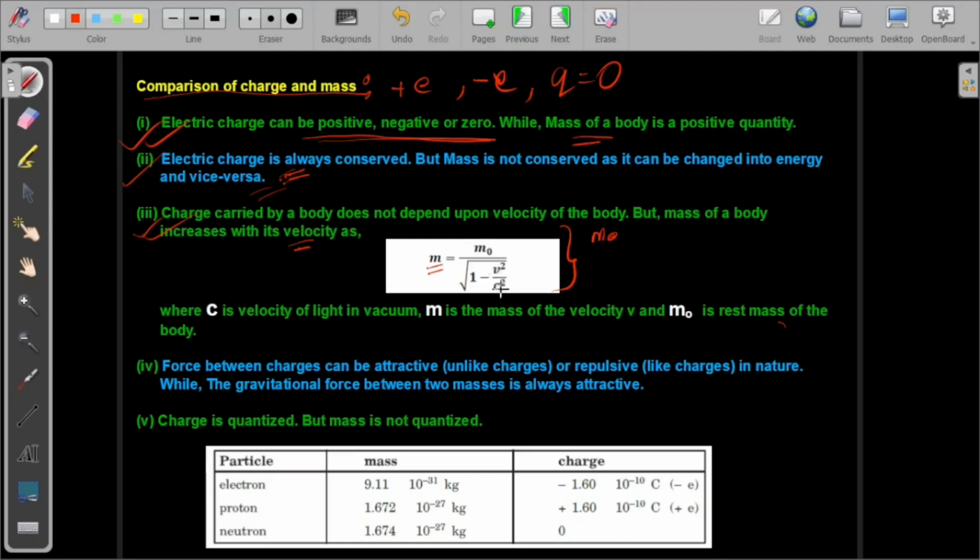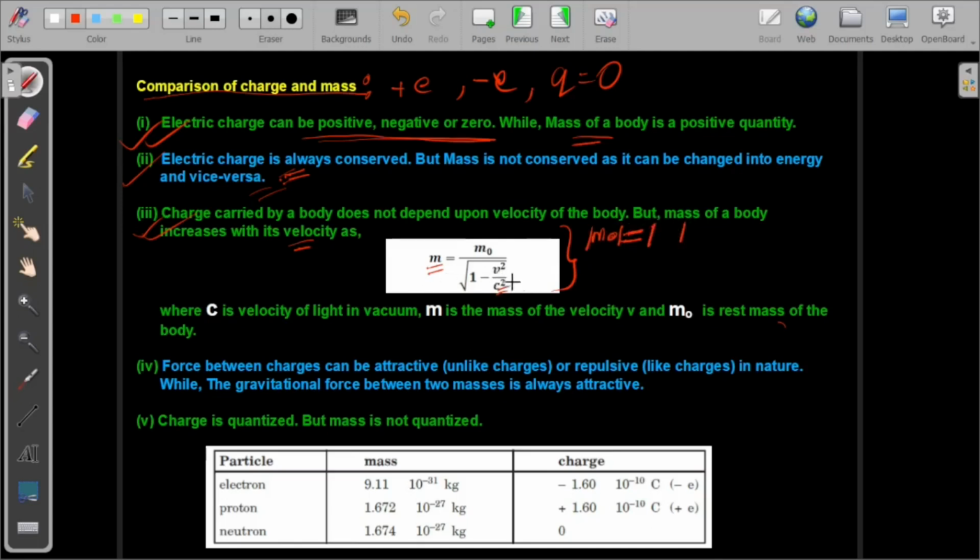Suppose v is equal to c, where c is the velocity of light. Then this will be 1 and this will be 1, 1 minus 1 is 0. This whole value will be 0. m naught divided by 0 means infinity, very high. But initially when it was at rest, it was a limited amount. While it is moving, it will be increasing.